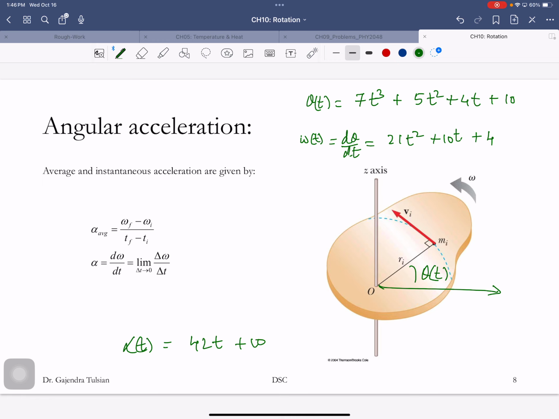These would be in radians per second and radians per second squared. Those would be the units. So just like what you learned in the previous chapters, you're doing the same thing for rotational motion.